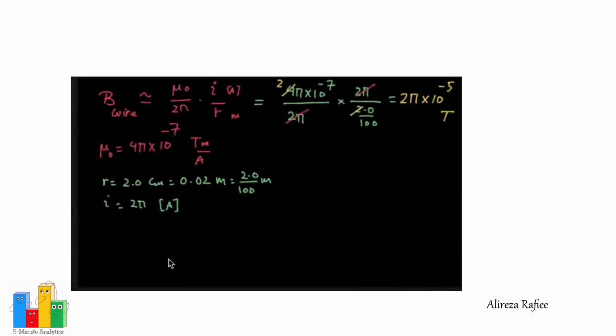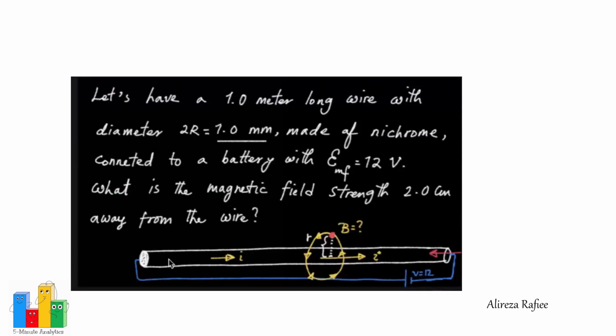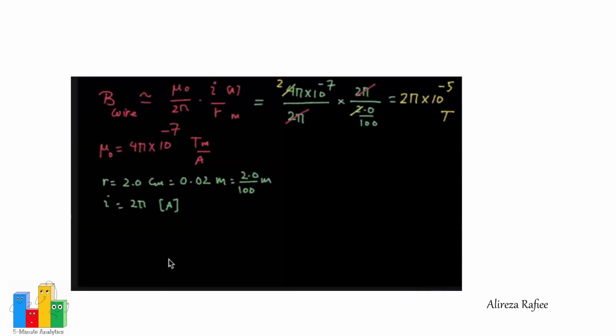So if, for example, you look from the front, if I'm looking from this side, what I would see is a current which is coming out of the page. So this is current I coming out of the page. And then I will have a magnetic field which is at any distance radially symmetrical.